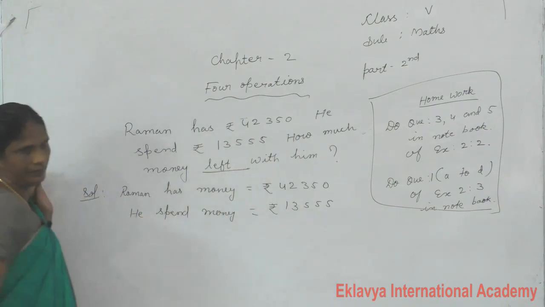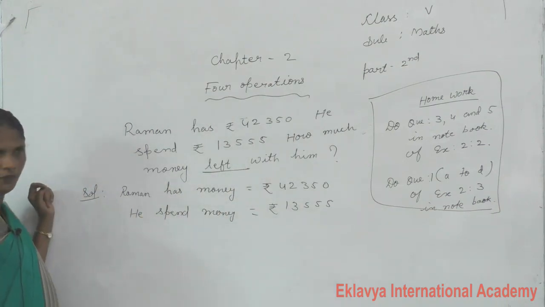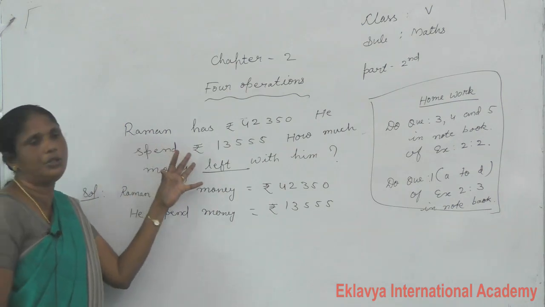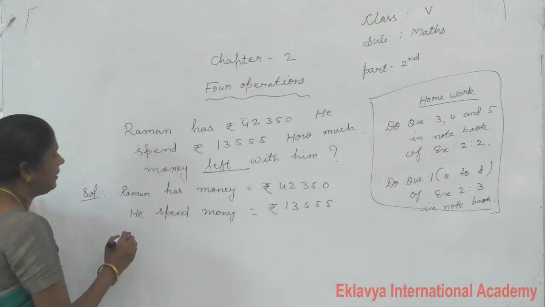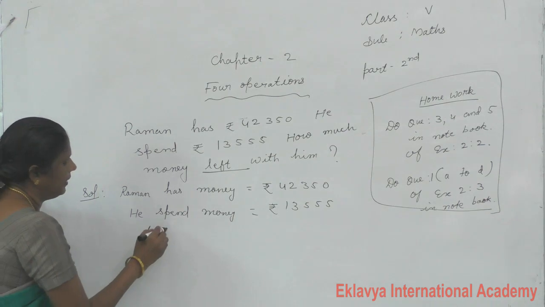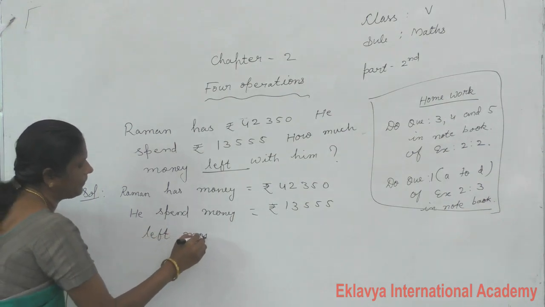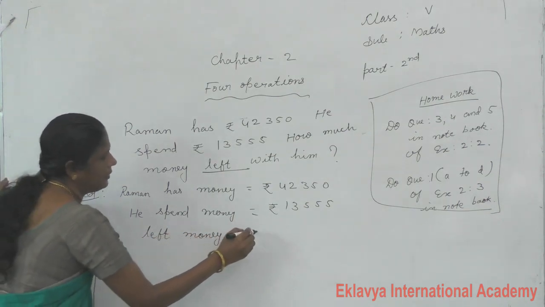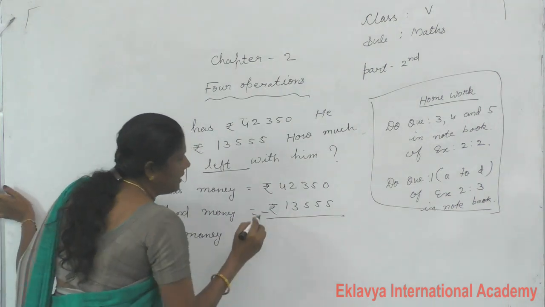Next, left. Which word comes in the question? Left. Therefore, this question is subtraction. Then left money is equal to, then subtract this.